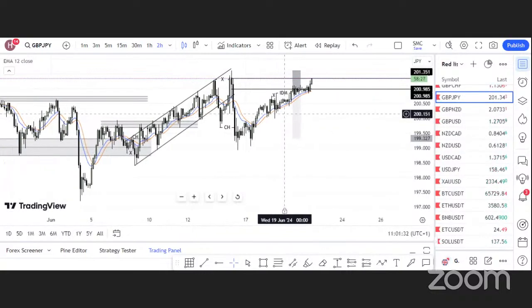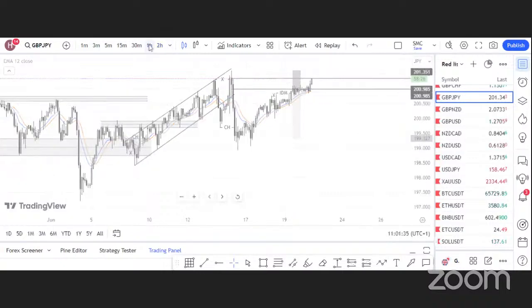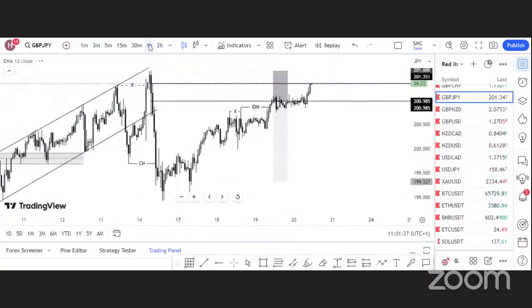Okay, let's analyze forex instruments. So this is GBP JPY.